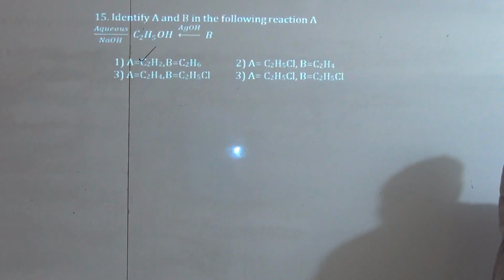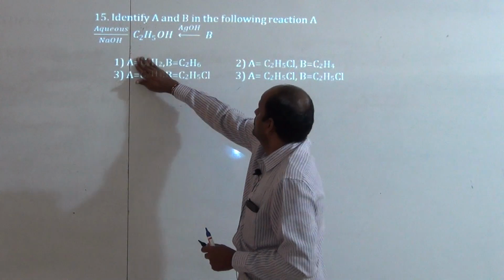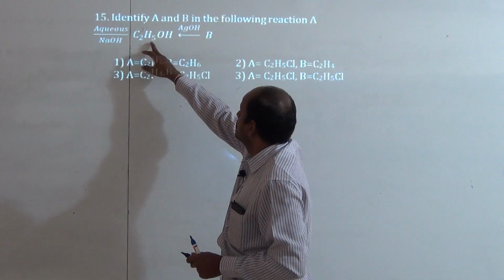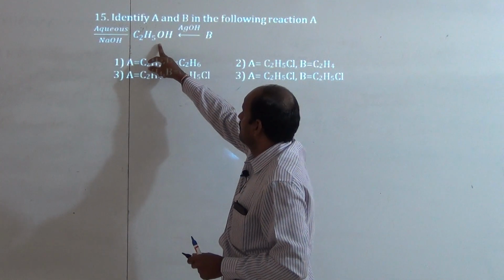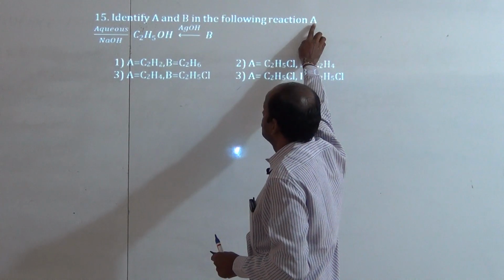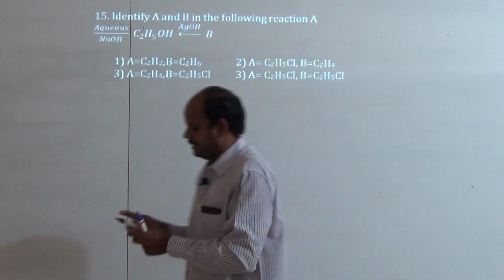Next bit. Again here also given equation only. Here product C2H5OH, ethyl alcohol, is given. Here A is there. So it is the equation.